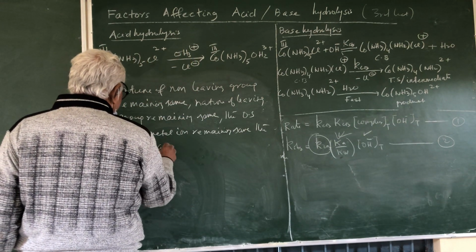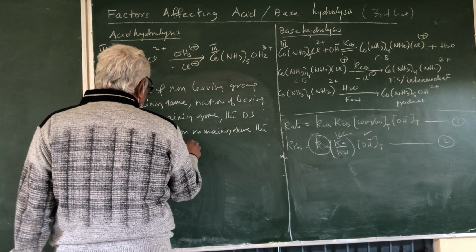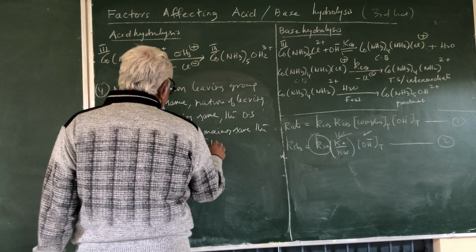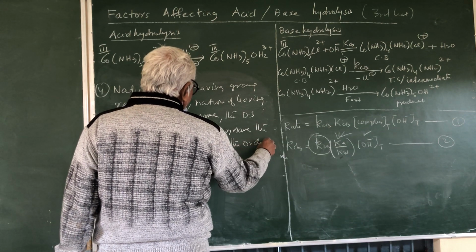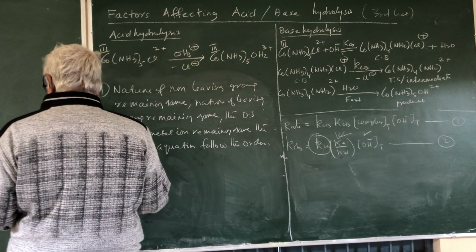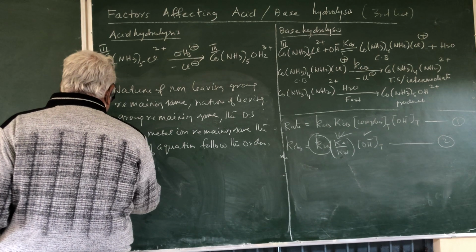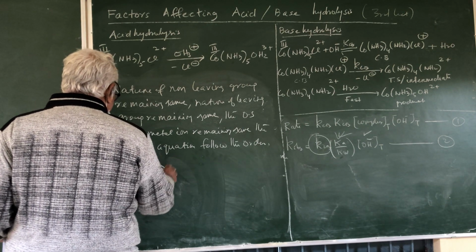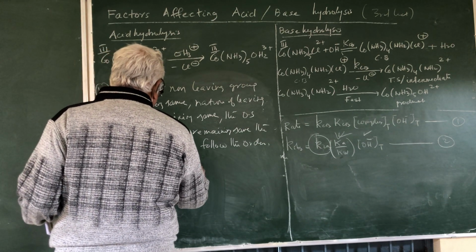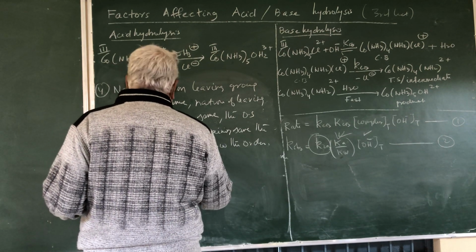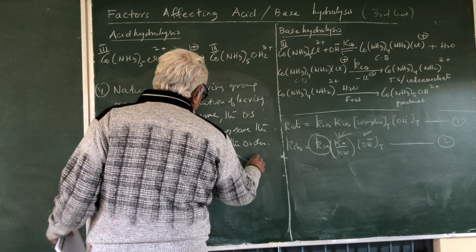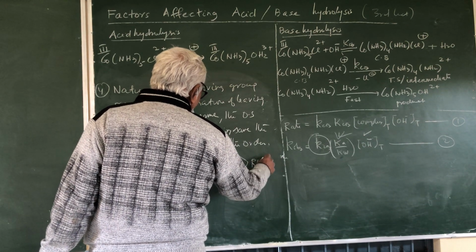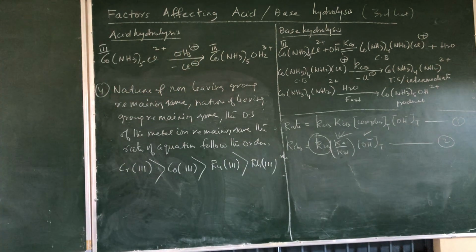The rate of aquation follows the order: chromium 3 is greater than cobalt 3, is greater than ruthenium 3, is greater than rhodium 3. Nature of non-leaving group remaining same.